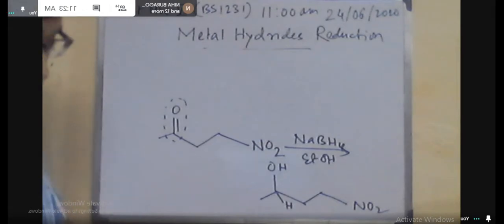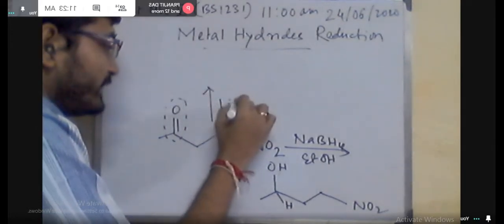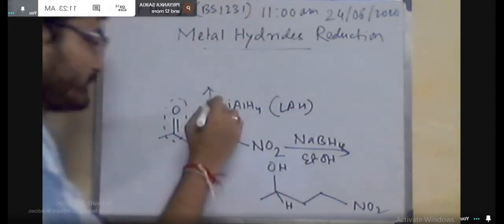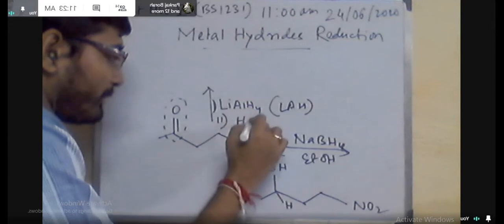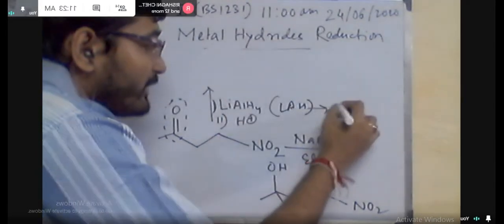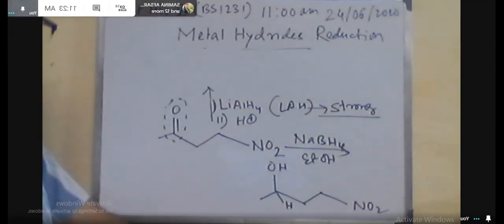It has no selectivity towards any group, but sodium borohydride has a selectivity towards the reduction of this group. So by using lithium aluminum hydride, you will get the 2-degree alcohol here, and simultaneously the nitro group will be reduced to its corresponding amine. So in any example, if your target product is like this, then you have to use sodium borohydride, not lithium aluminum hydride, because lithium aluminum hydride can reduce both the functional groups here.